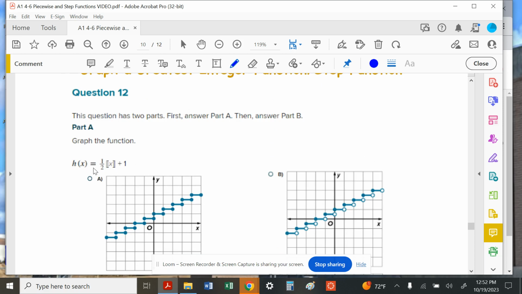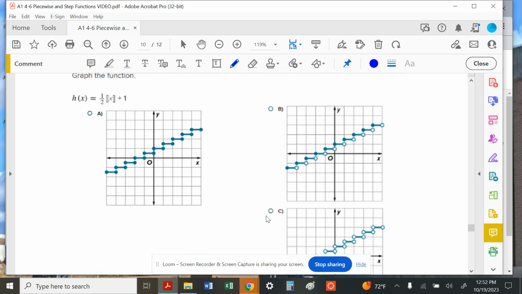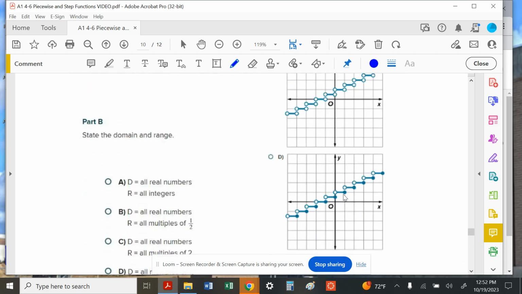This 1/2, however, tells me that instead of the step increments being 1, it's 1/2. So it's shrunk. Instead of the steps going up faster or the same, they're going up slower. This one goes up 1/2, that one goes up 1/2, that one goes up 1/2. That one could work, that one could work, that one could work, and so none of those help me.